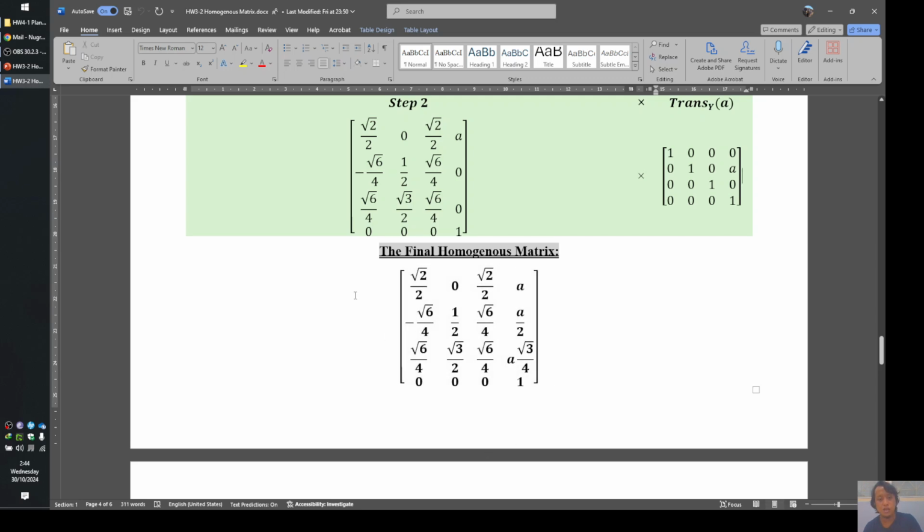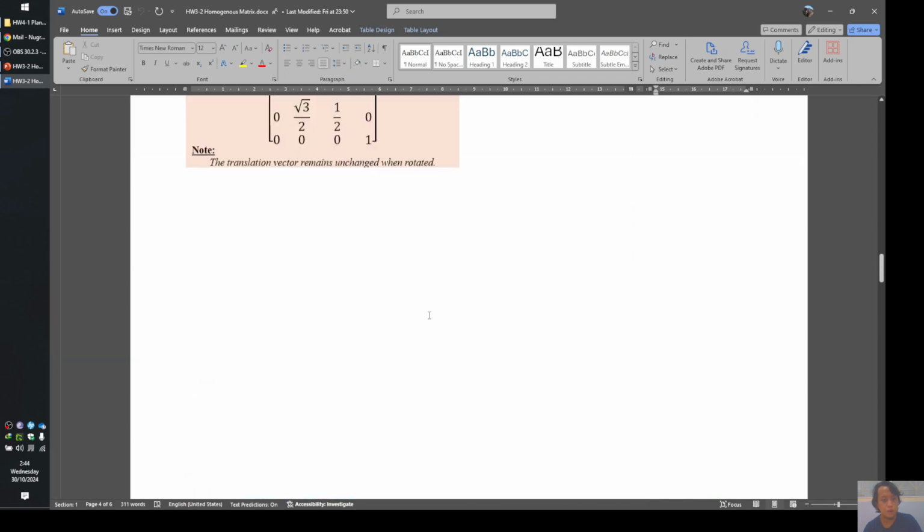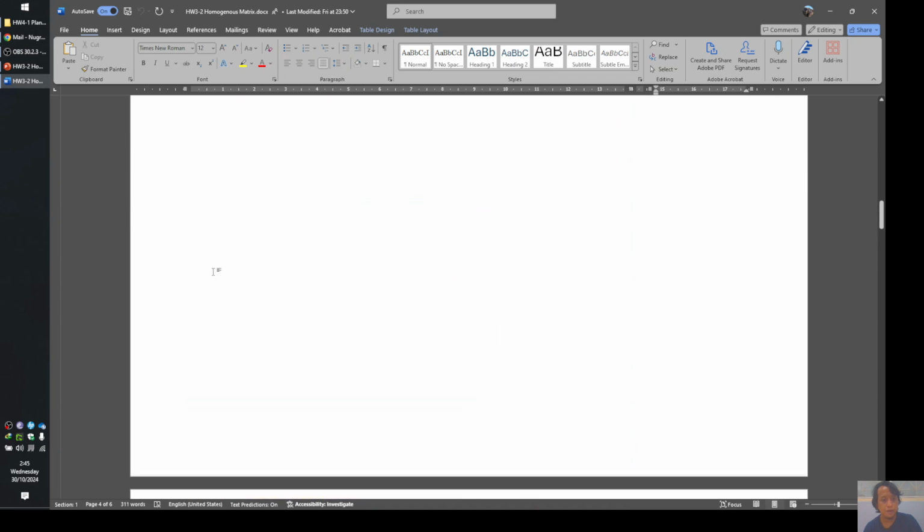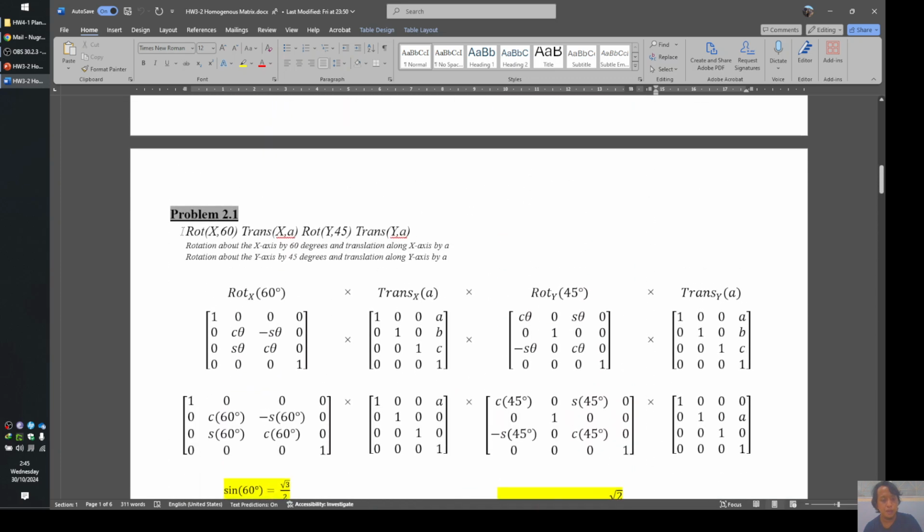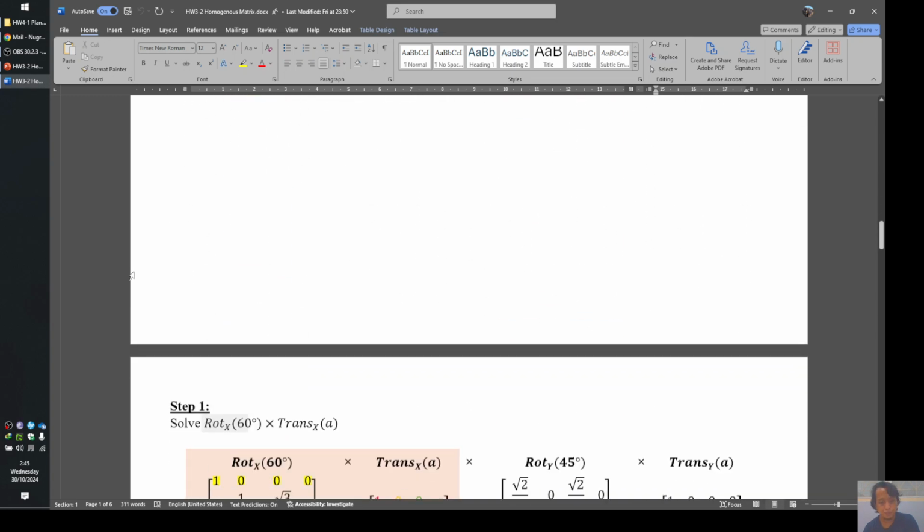So this is the final homogeneous matrix for this problem: rotation about the x-axis by 60 degrees and translation along the x-axis by a, and rotation about the y-axis by 45 degrees and translation along the y-axis by a.